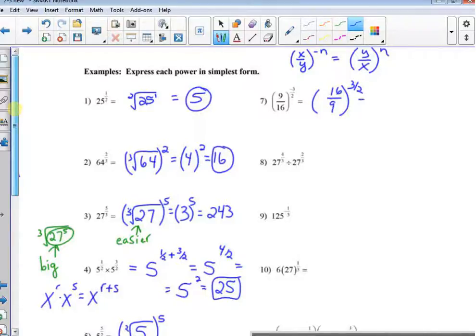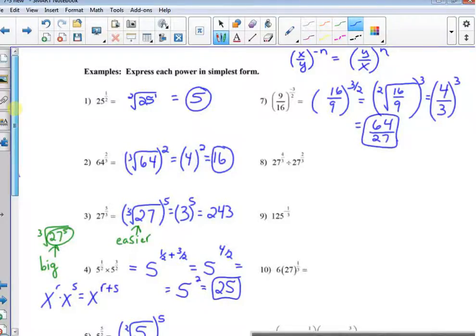And then from there, that's the square root of 16 over 9 cubed. And the same thing, we're going to take the square root of 16/9, which is 4 and 3, and then we're going to cube that. So we're going to cube the 4 and cube the 9. So it's just the reverse of number 6.